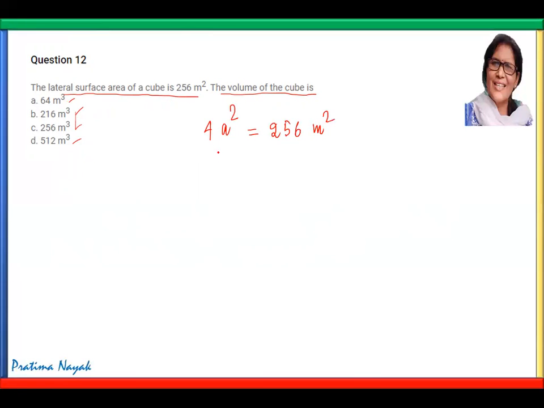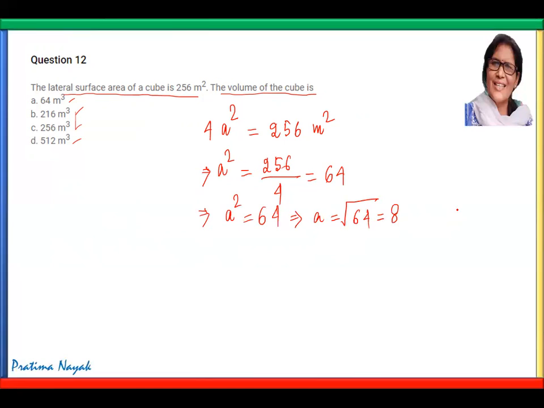So A square is equal to 256 divided by 4. 4 6s are 24, 4 times. So A square is equal to 64. This gives you A is equal to square root of 64. Square root of 64 is 8 because 8 square is equal to 64. The side is equal to 8.